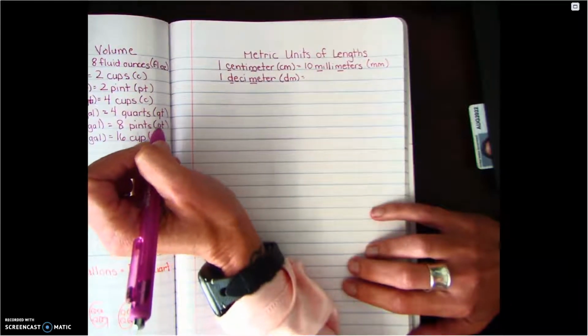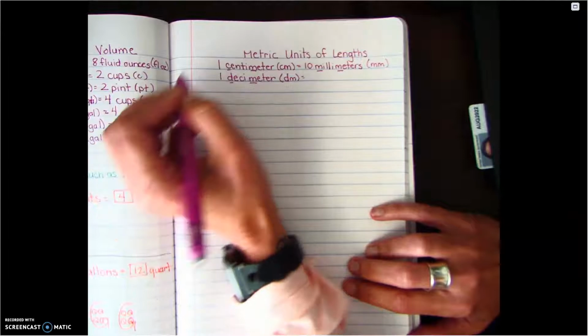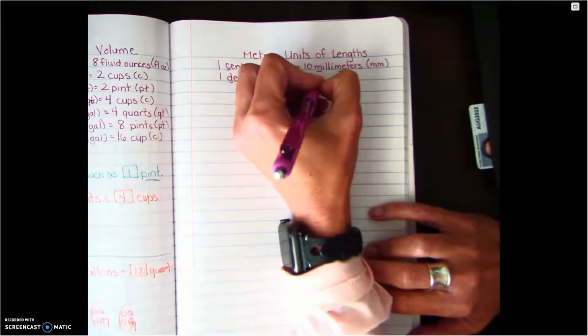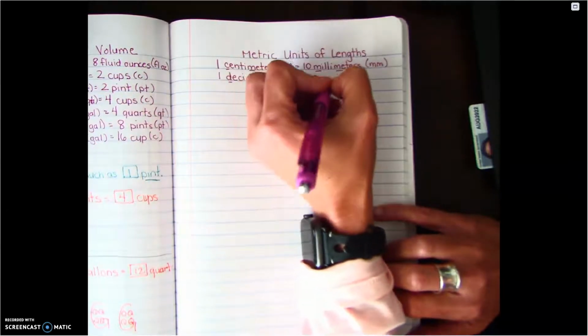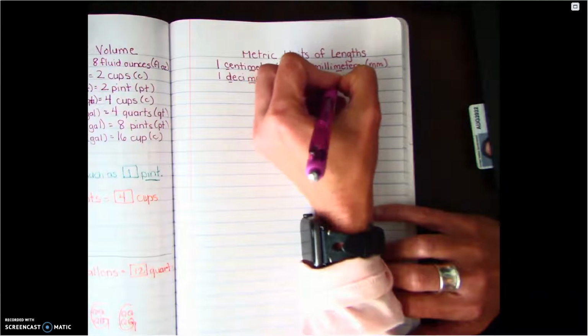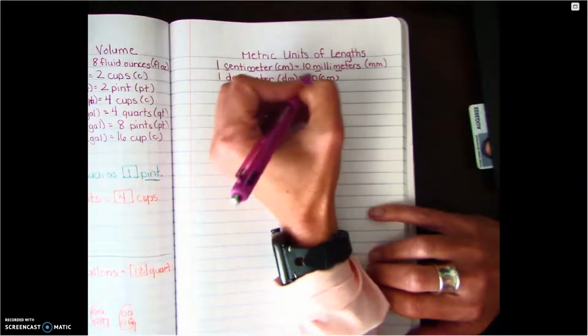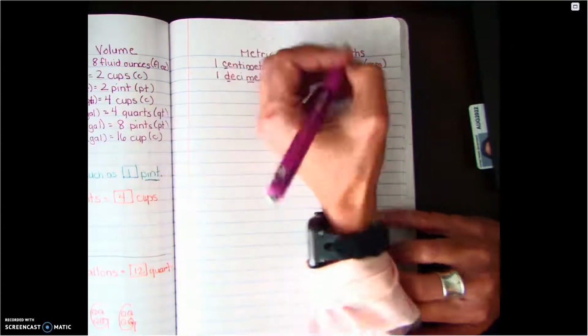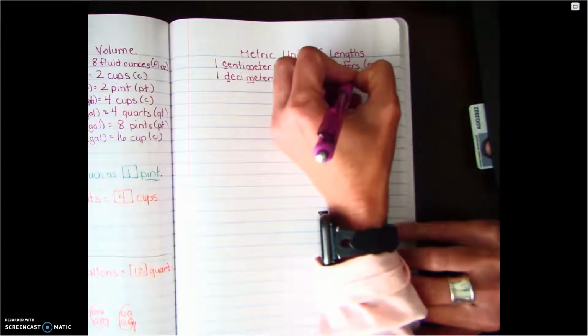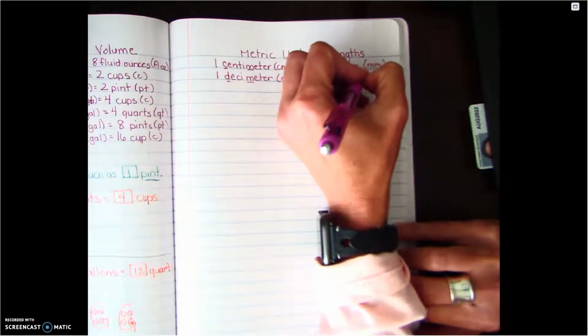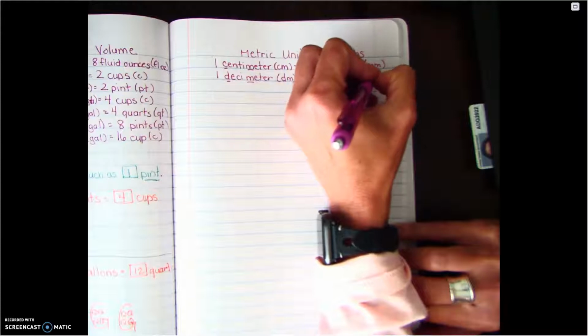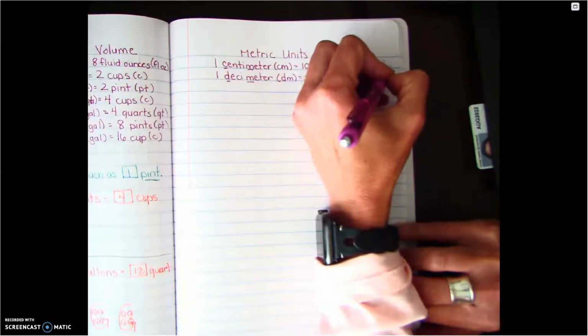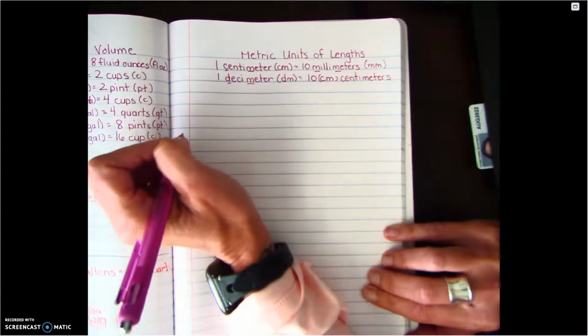Oh, and I forgot to skip lines, sorry. All right, and that equals 10 centimeters. So I'm going to use the small way to write that. So centimeters, remember? Well, actually, I'm going to go ahead and write the word because I think that will help us later. That's going to help us with our conversion if I have the words on this one.